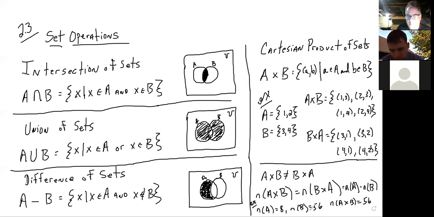Or I wanted that to be a 7, so that 8 times 7 was 56. It definitely would not be reasonable to have you write down all 56 ordered pairs, but you would know that there would be 56 of them.